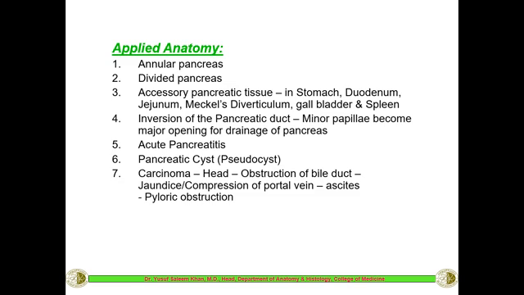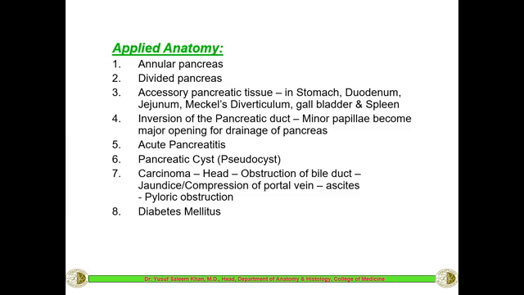Because the neck of the pancreas is in relation to the portal vein, it might even put pressure on the portal vein, which might lead to portal hypertension and ascites. Also, because the head of the pancreas is around the duodenum as well as the pylorus of the stomach, it might even lead to pyloric obstruction.